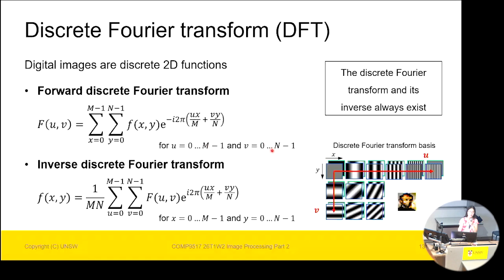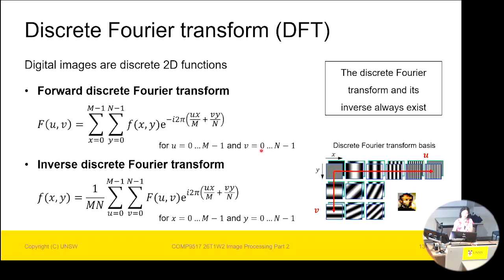Another more theoretical explanation is the Nyquist sampling theorem. That means if you have n samples in a signal, then you need n frequencies to cover all the possible information.